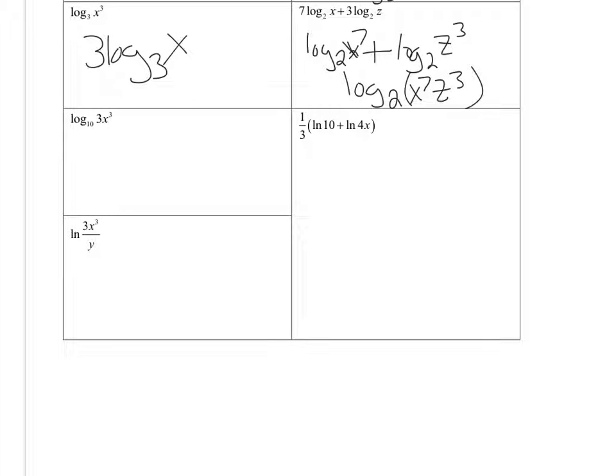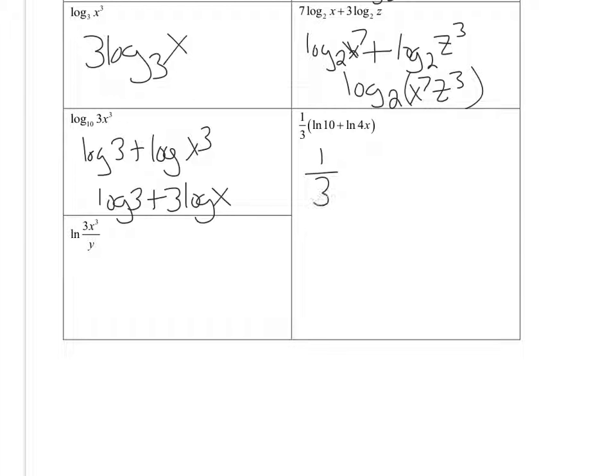Expand this one out. Now remember, we can just write this one as log, because when you don't see a base, the base is 10. And this would be log 3 plus log x to the 3rd, so then you'd get log 3 plus 3 log x. Here, you've got to condense inside first, so multiply 10 times 4x, so you get 1/3 natural log of 40x.